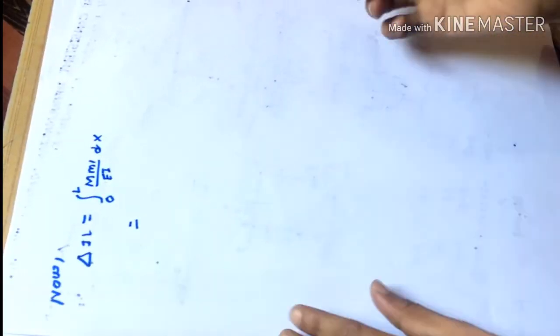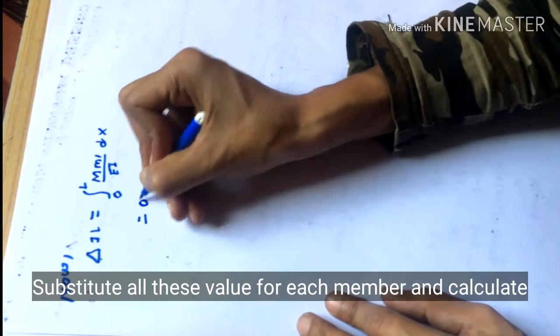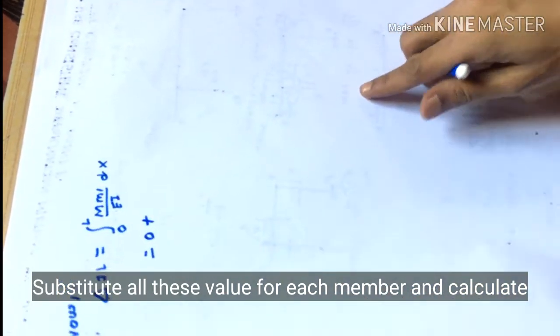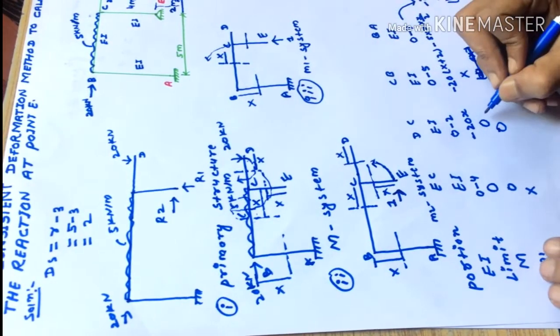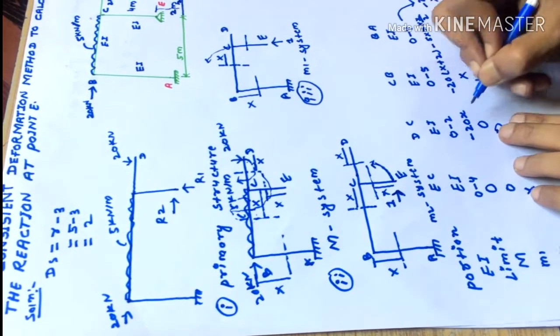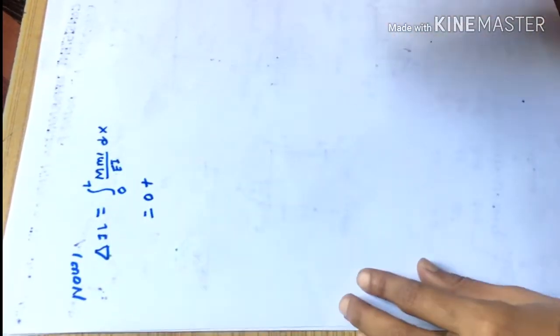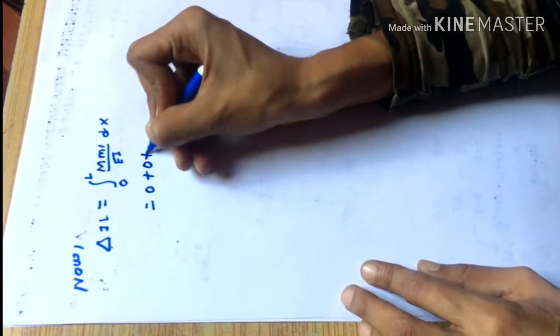So portion EC gives 0. Plus in the table we can see for portion DC, M is equal to minus 20x and M1 is equal to 0. So the whole term becomes 0. So 0 plus 0.